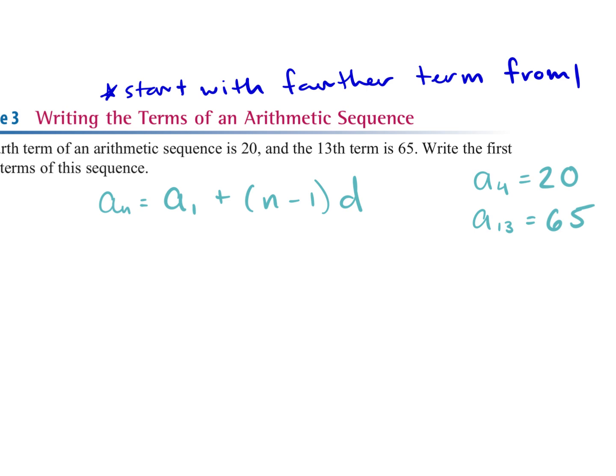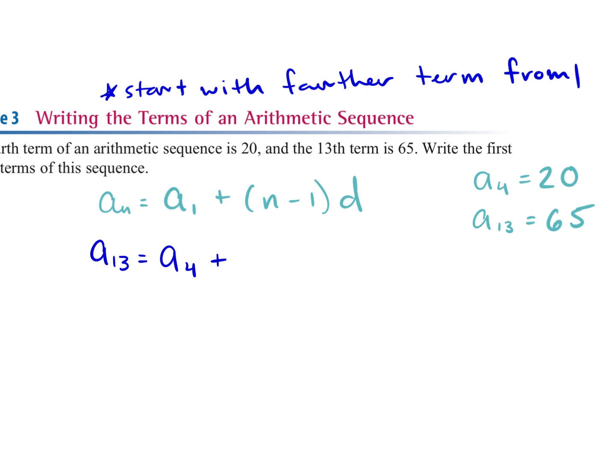13. So I'm going to say a sub 13 is equal to a sub 4. Now notice here, I'm just using this formula that I have. But in my equation here, it's n and 1. So I say n minus 1.